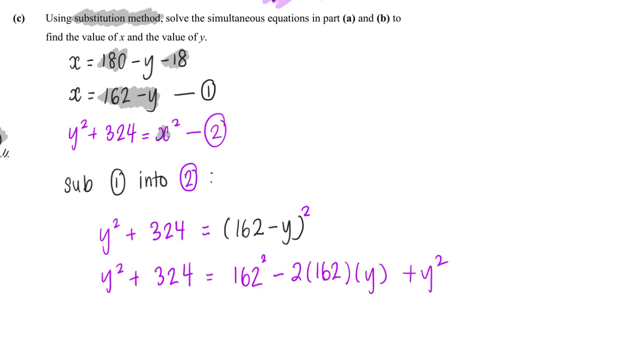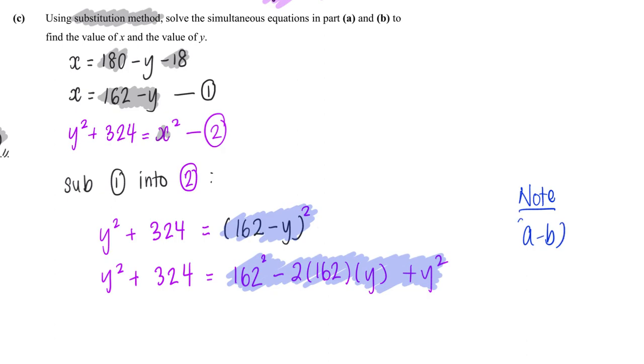So in case you might be wondering how did Mr. Tan go from this step to this step, I'm simply applying the special product of a minus b bracket square is equals to a square minus 2ab plus b square. Where this is my a, and this is my b.